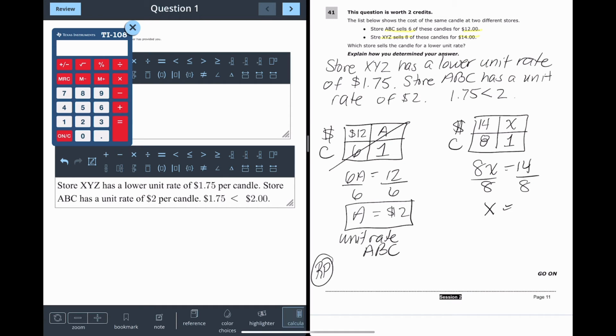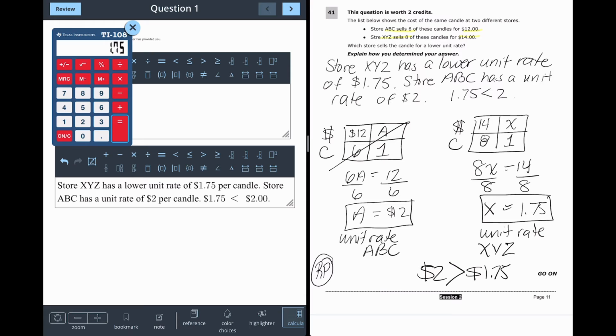Take your calculator if you need to. 14 divided by 8 equals $1.75. And that's the unit rate for XYZ. $2 is more than $1.75. So if you're taking the test on paper, that's all you need. You have your work, you have your explanation.